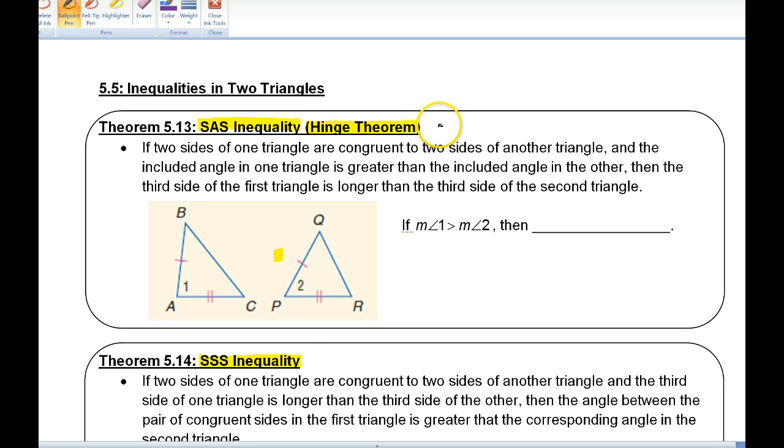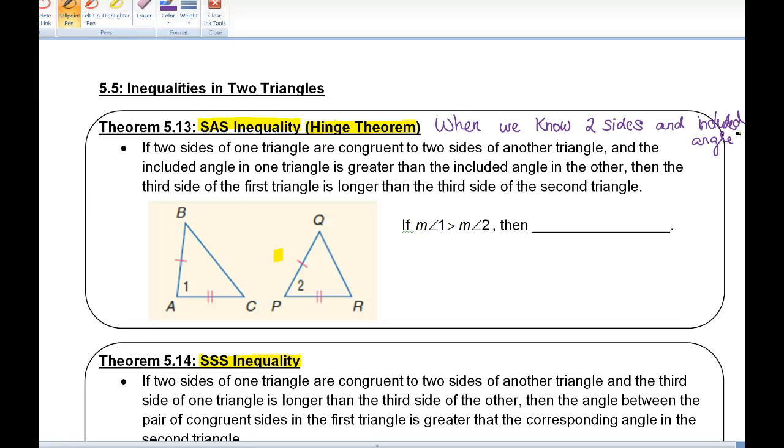Basically, this is when we know two sides and the included angle. Included angle. That says included if you can't read it.